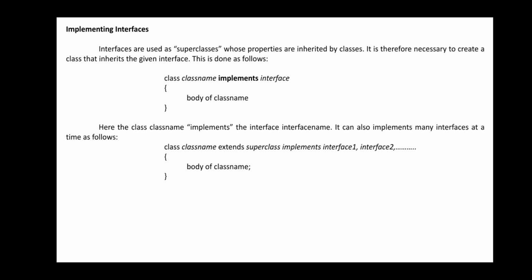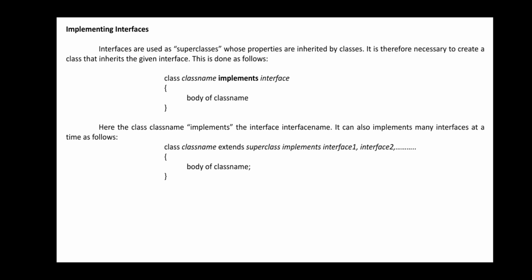Implementing interfaces is a very important part of Java, where when two different classes cannot directly inherit, we define one as a class and another as an interface, and that interface is used with the implements statement. Implements means it acts like another class to the derived class.